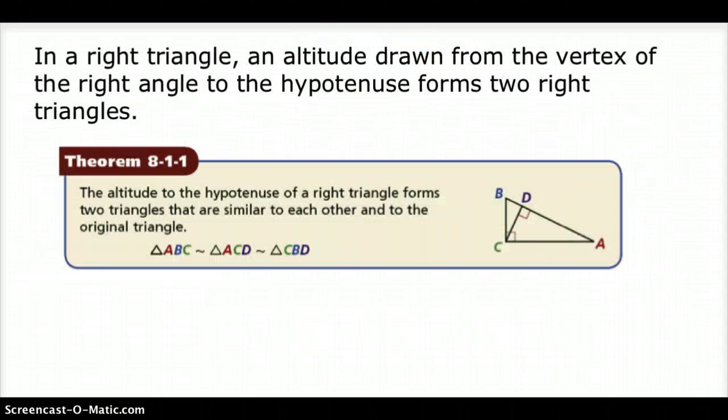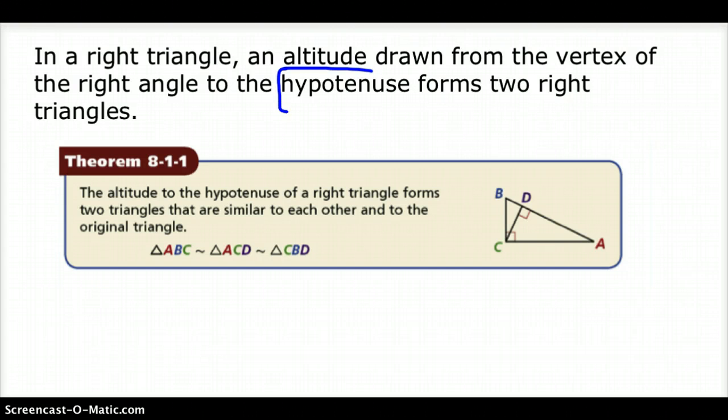Okay, so we'll take a look at our first theorem here. This one says that in a right triangle, an altitude drawn from the vertex of the right angle to the hypotenuse forms two right triangles. Now remember, we have to remember this word altitude.